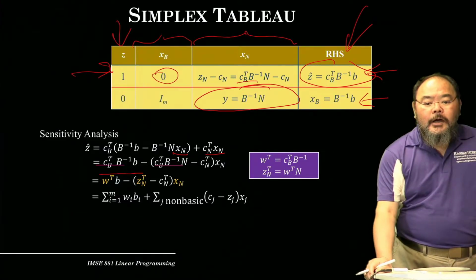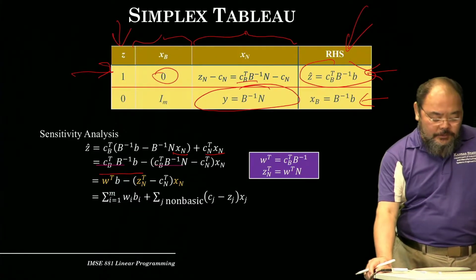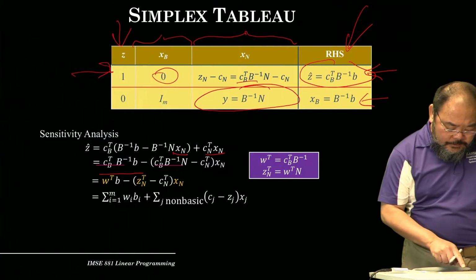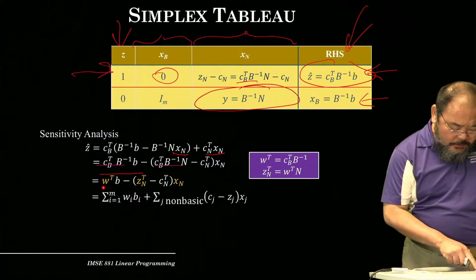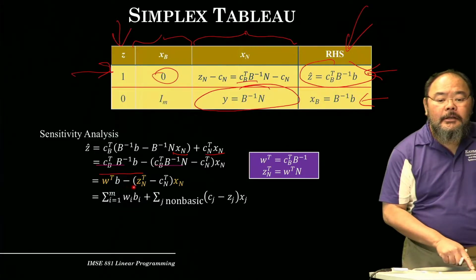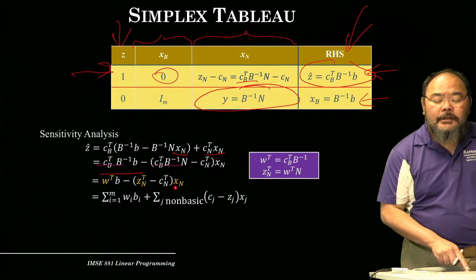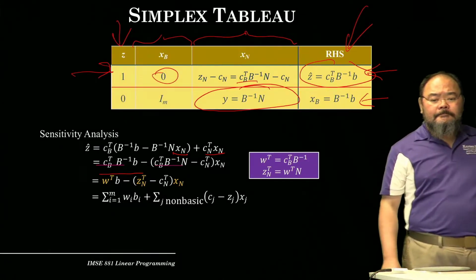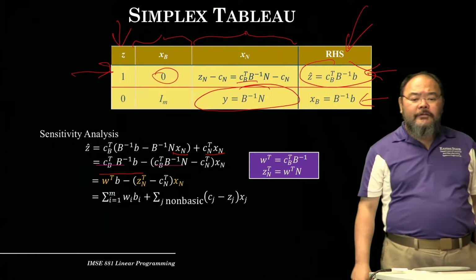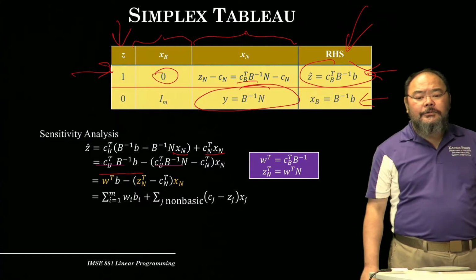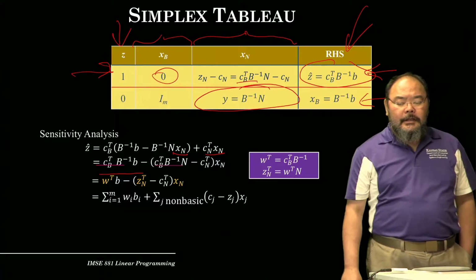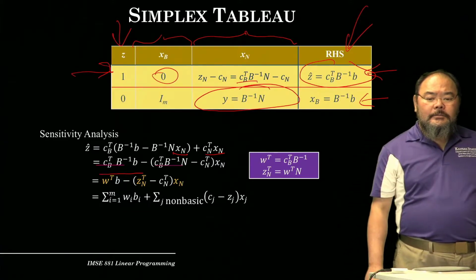So we can rewrite it in shorter form: omega transpose times b plus (zn minus cn) times xn. This is a simplified version of a long equation. We're using some variable substitution in that case.